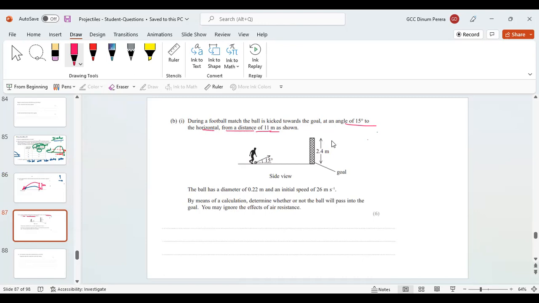Horizontal distance 11 meters. The ball has a diameter of 0.22 meters. So the center of gravity of the ball should be above the ground.